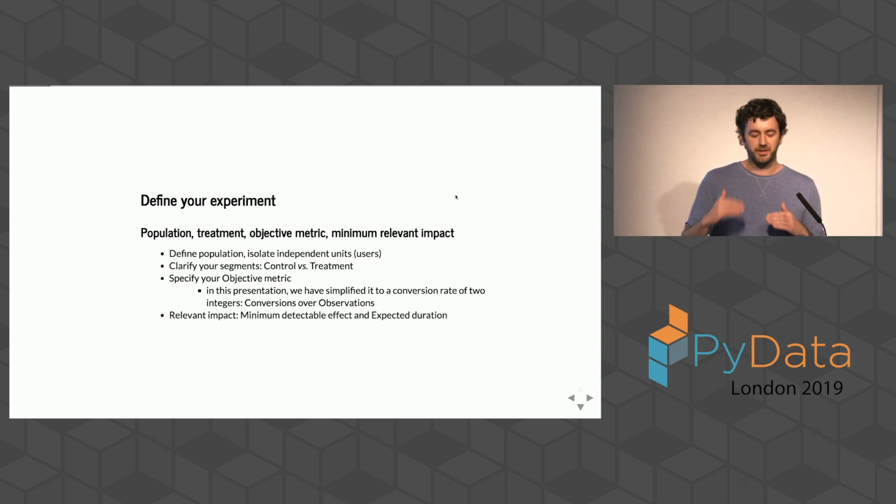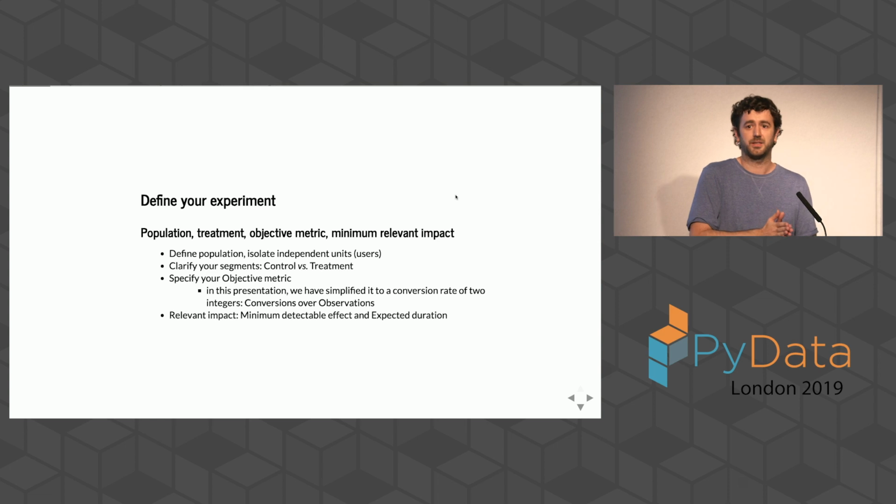So you need to define this minimum relevant impact, and this is important because with this you can define your sample size. To detect a big difference, like from 30 to 35 euros, you need a smaller sample size.